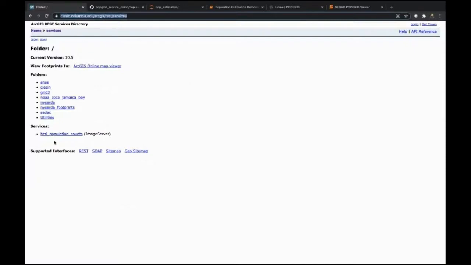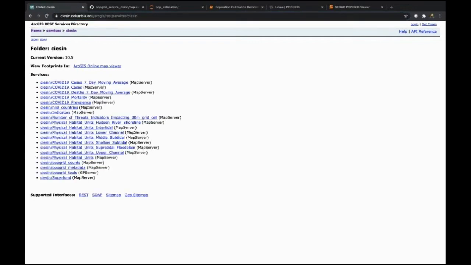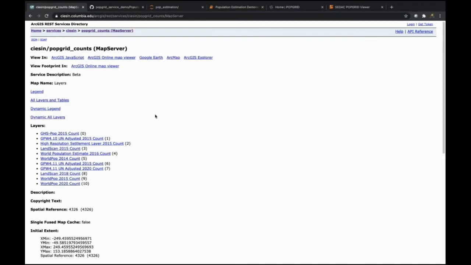And here's our ArcGIS server that's available from SEDAC. And if we go into the SEDAC folder, there's actually a series of services for POPGRID. And there is the SEDAC POPGRID Counts map server. So this is a map server that shows us population count layers for each of these.